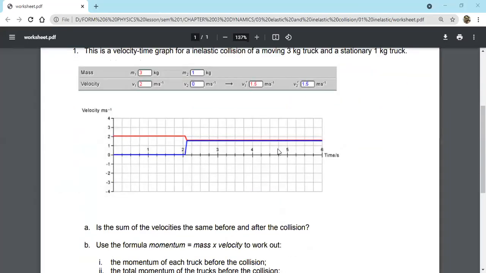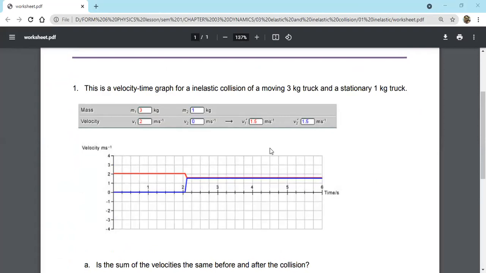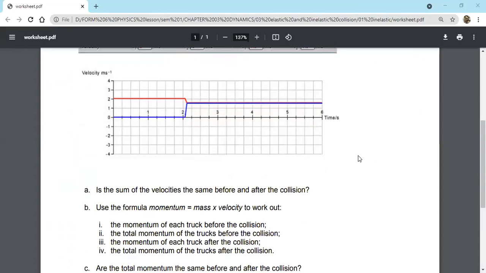Now, in the inelastic collision, we notice that this is the velocity time graph for an inelastic collision of a moving 3 kg truck and a stationary 1 kg truck. Is the sum of the velocity the same before and after the collision?